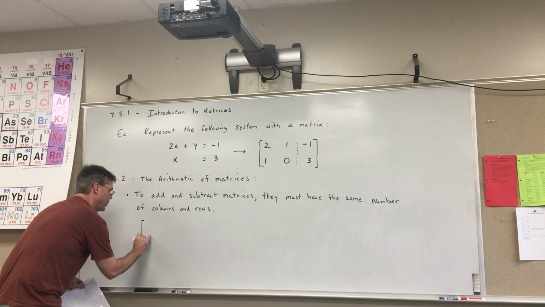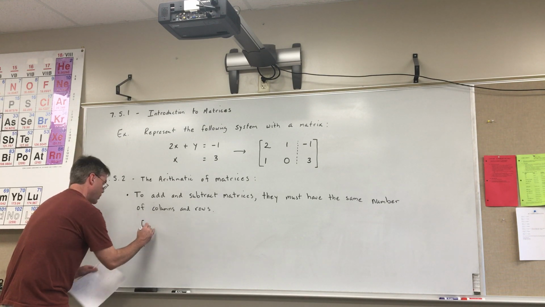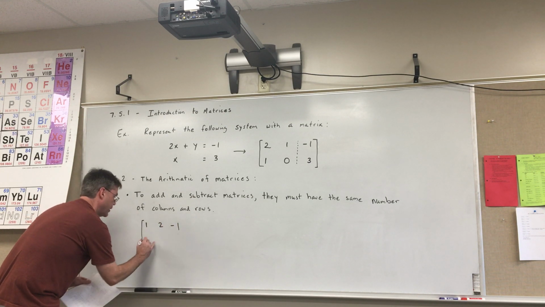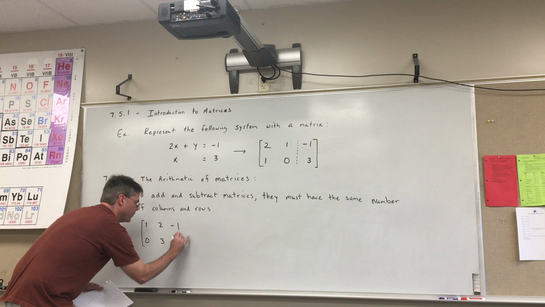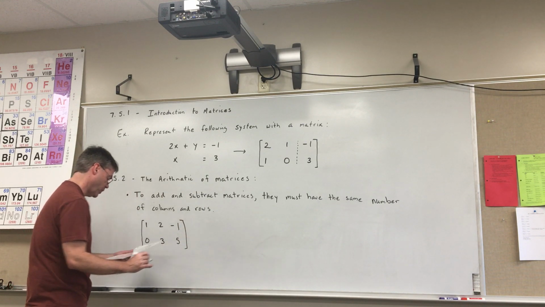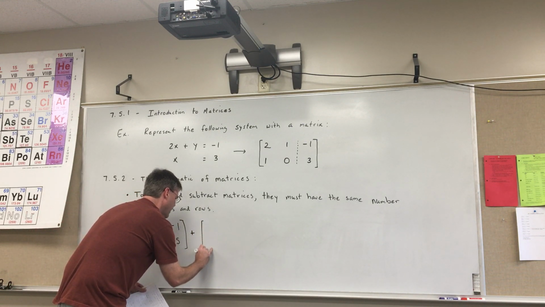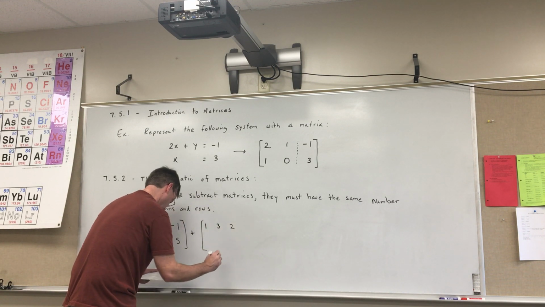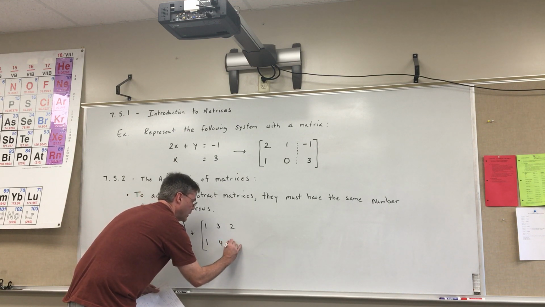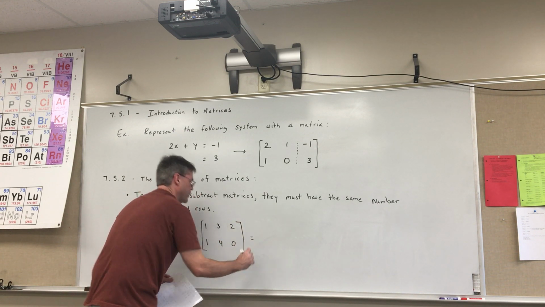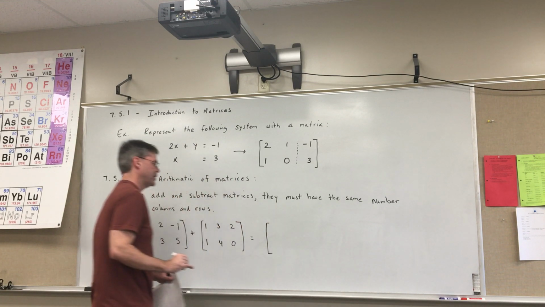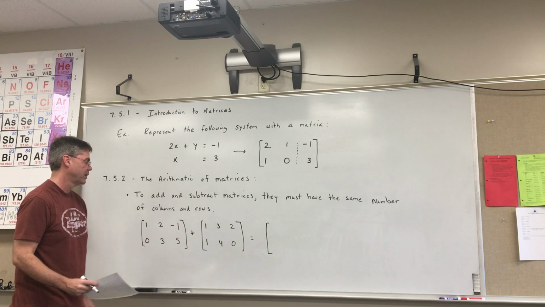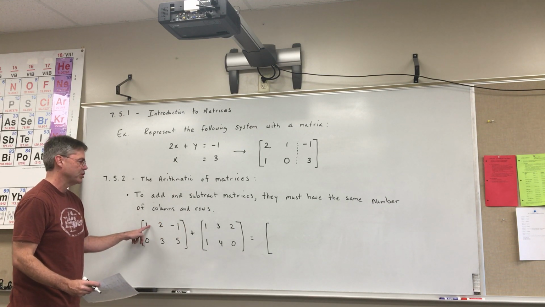For example, let's say we had the matrix 1, 2, -1, and 0, 3, 5. We want to add the matrix 1, 3, 2, and 1, 4, 0. This is a really simple process. You just add each digit in the corresponding position of each matrix.